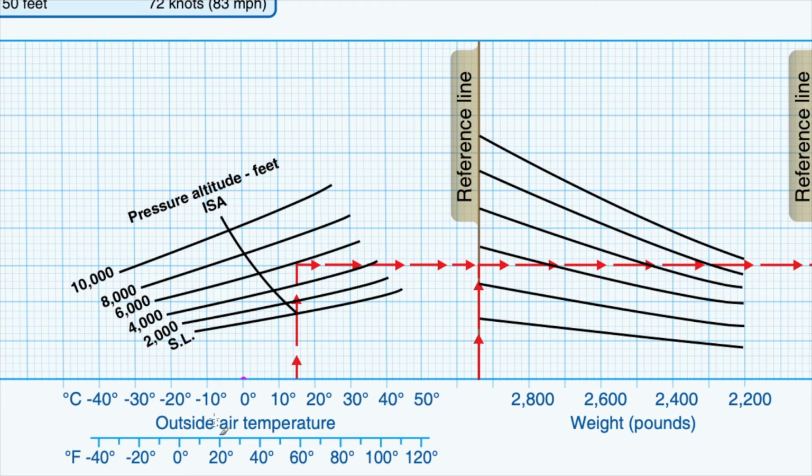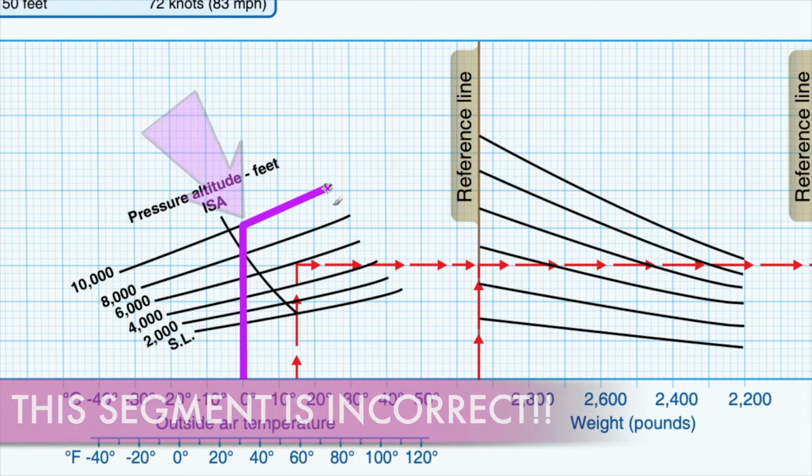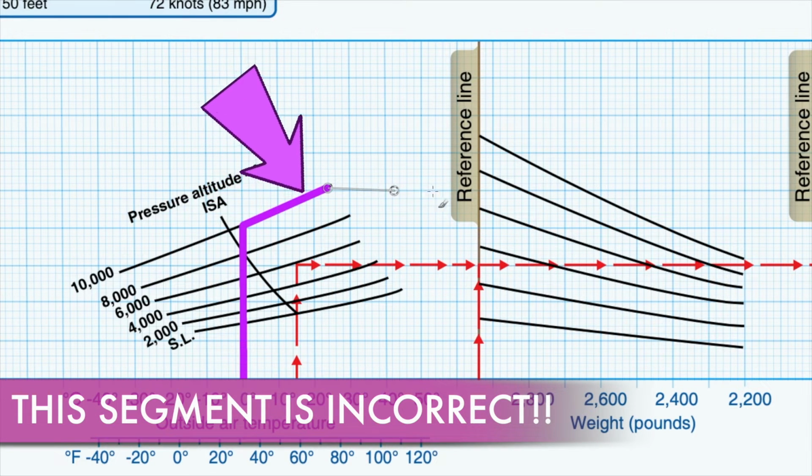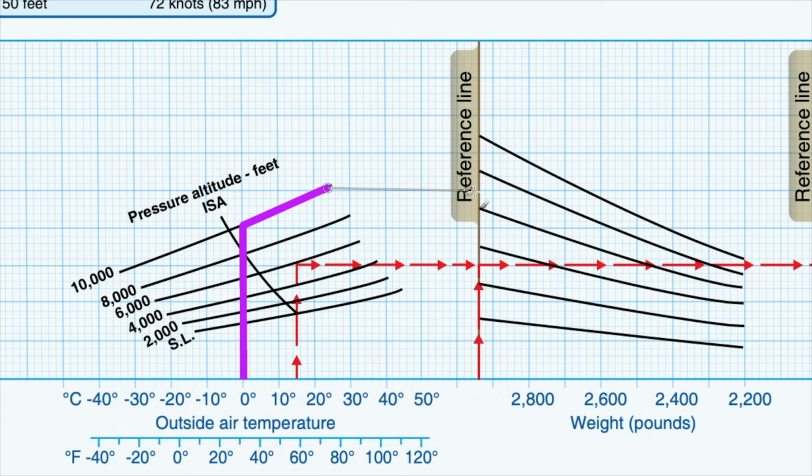Here is what the common error could look like. Take for example, we have a given temperature of 0 degrees Celsius and a pressure altitude of 10,000 feet. So far we have done everything correct until we make the mistake of traveling up the pressure altitude line up to the end and then going across to the reference line. This will place us in a wrong position and carry the inaccuracy with us all the way to the end result.